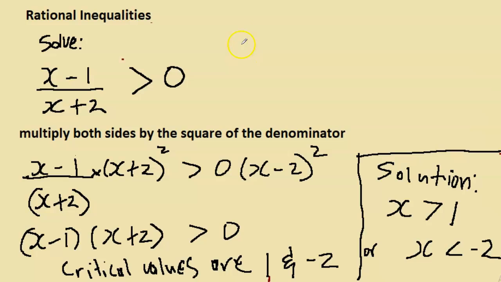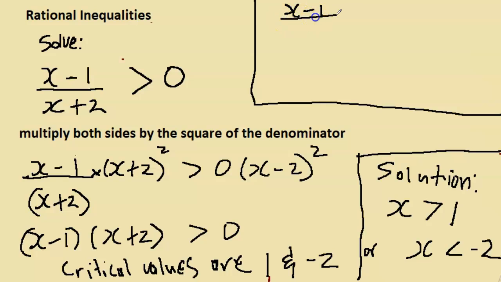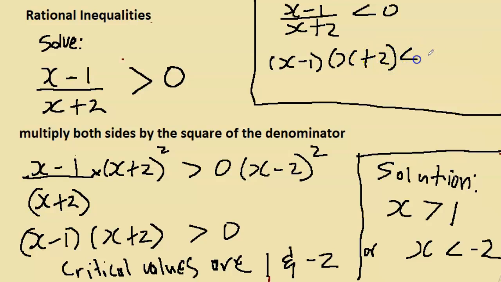And again, if this was a problem, x minus 1 over x plus 2 less than 0, then the same procedure will bring us to the same place, x minus 1, x plus 2, and we'll end up with the same critical values, 1 and negative 2.